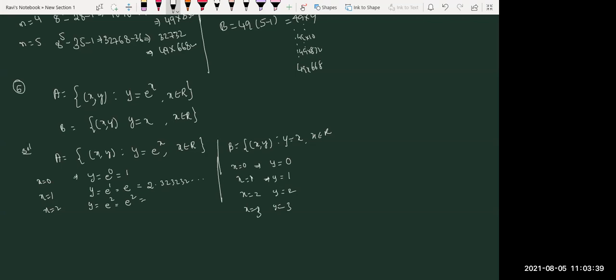Whatever the value of x, here x equal to 0 I got 1, and here I get 0. X equal to 1, I am getting 2.32 here, and y equal to 1 here. Are both numbers the same or different? Different. So according to the options, the intersection between these two sets will always be a null set. This is one method. The second method I'll explain; this is an easier method.